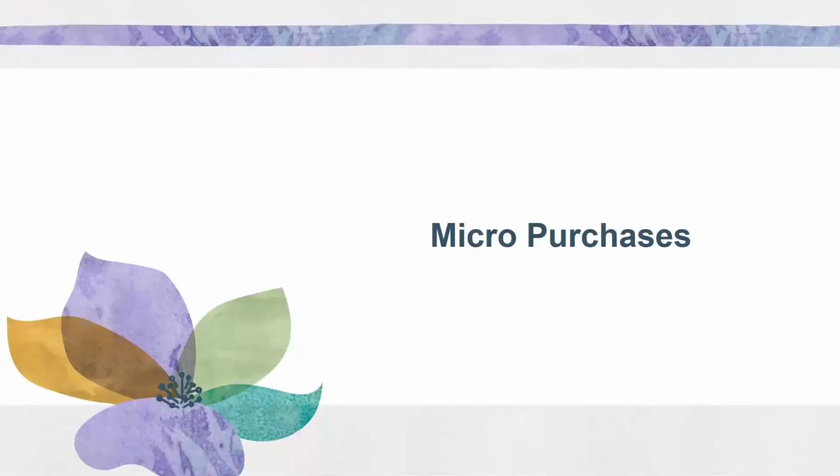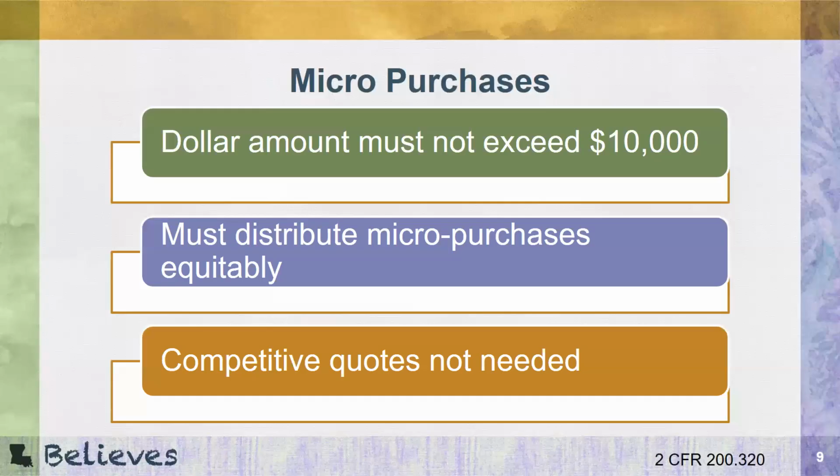Let's move on into micro purchases. And I know y'all have heard us talk about micro purchases many times before. I'm going to review just a little bit. That's a method of procurement that you can use to purchase supplies or services where the dollar amount doesn't exceed $10,000.